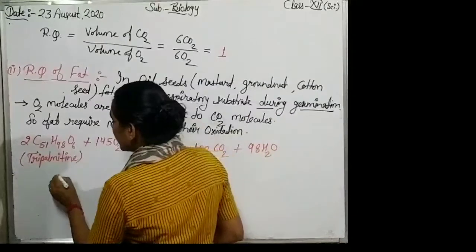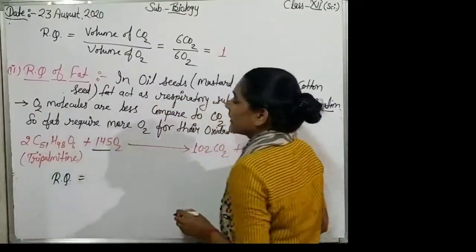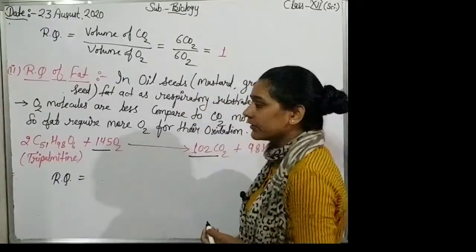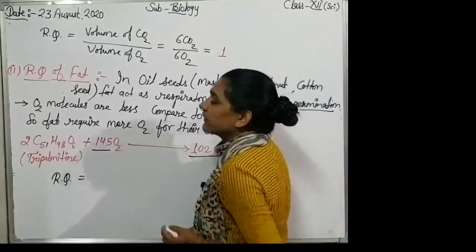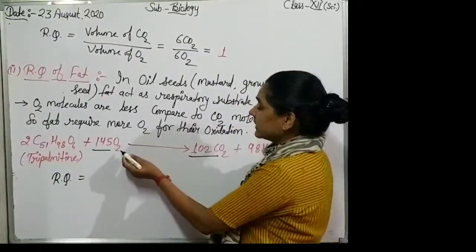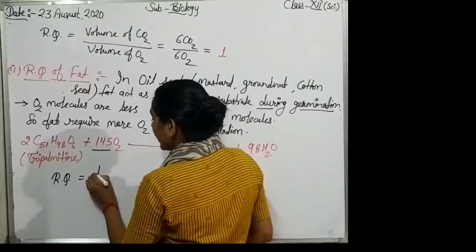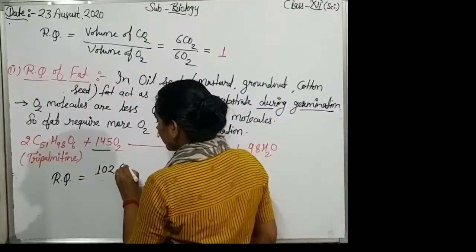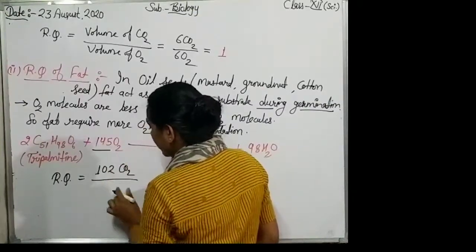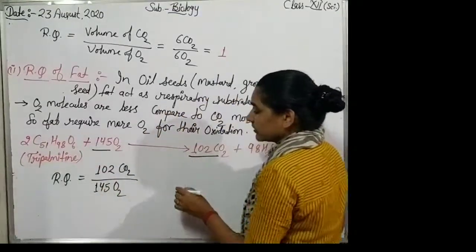So according to the RQ formula, CO2 molecules are 102 and oxygen molecules are 145, because in fat oxidation oxygen molecules are utilized more compared to CO2. So 102 CO2 molecules are released in the fat oxidation and 145 O2 molecules are used.